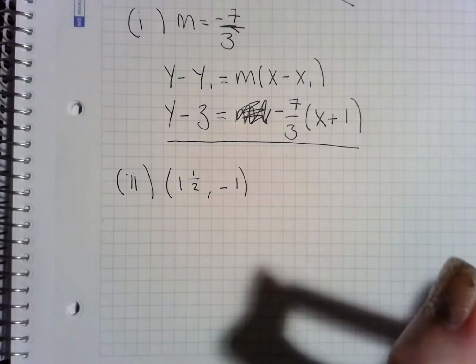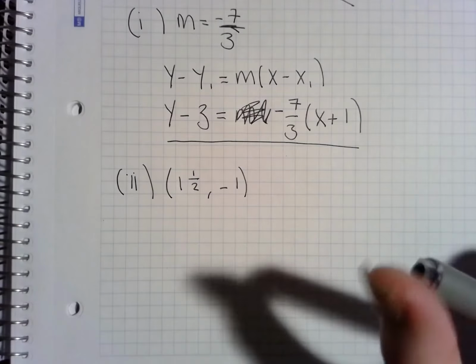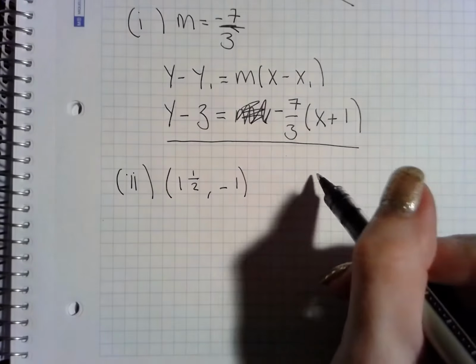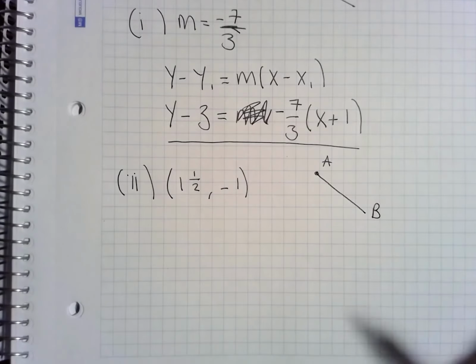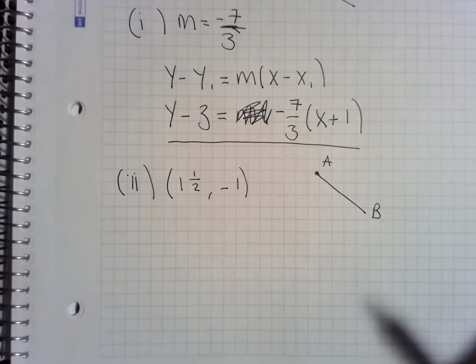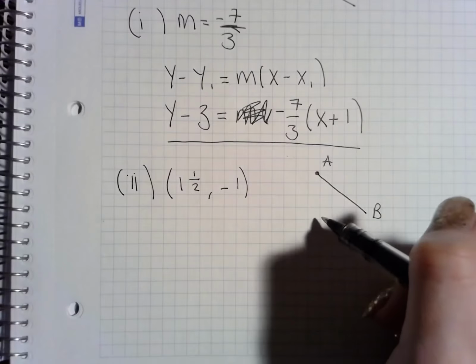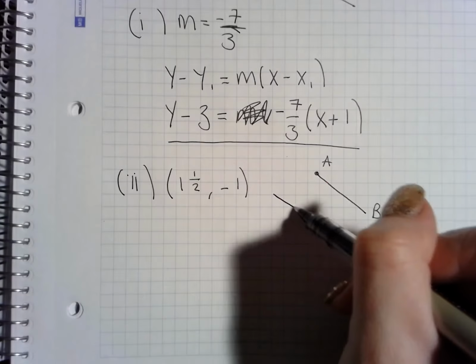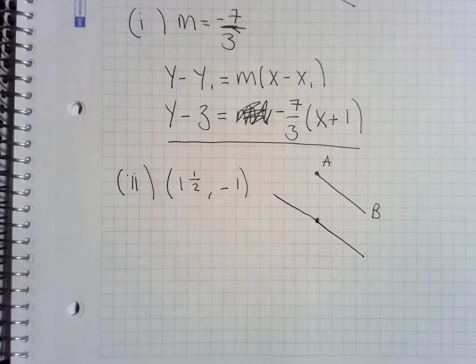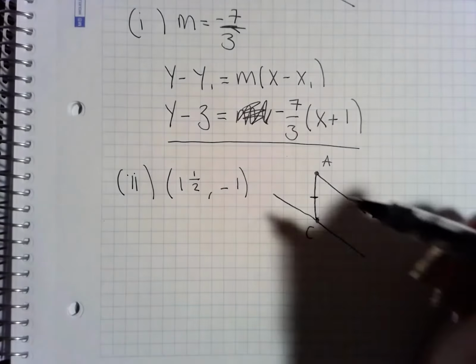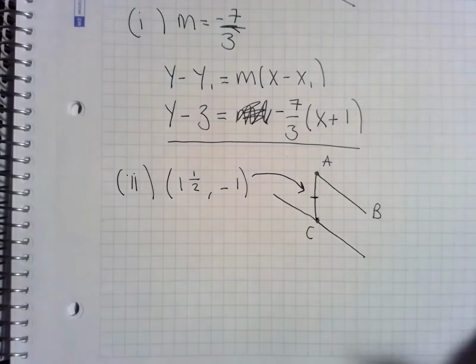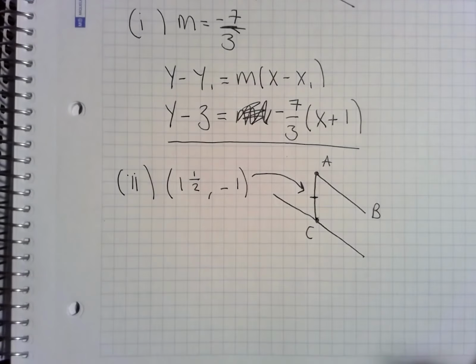We know that AB is like this, and we know that there's a point C, wherever C is, and there's a line that's parallel to AB. And this is saying that this coordinate here is the midpoint of AC. Find the coordinates of the point A.